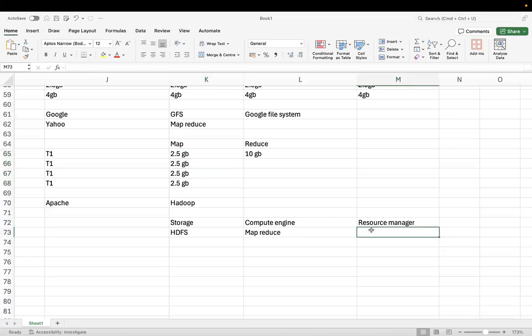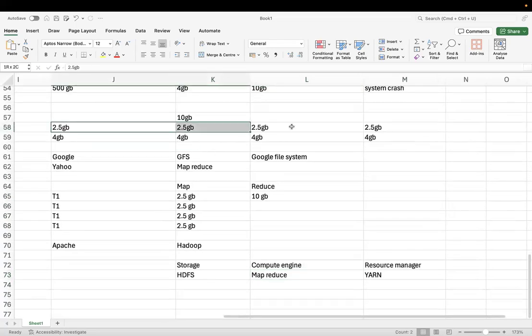The resource manager, they have said, we have something called YARN. YARN is nothing but Yet Another Resource Negotiator. What it does is assign or allocate computer machines to the HDFS and to the MapReduce. So let's say in this case, we are talking about four 2.5 GB files.